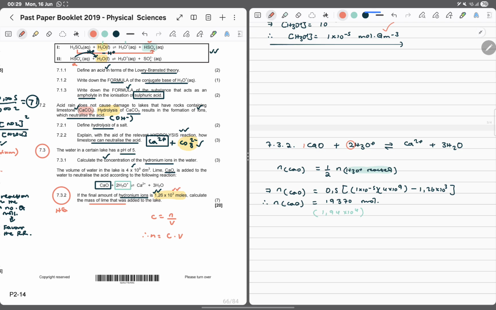So what are we trying to get to, guys? The mass of this dude. So this one was a very simple question. So we go on and say, well, the mass of calcium oxide is going to be number of moles times the molar mass.